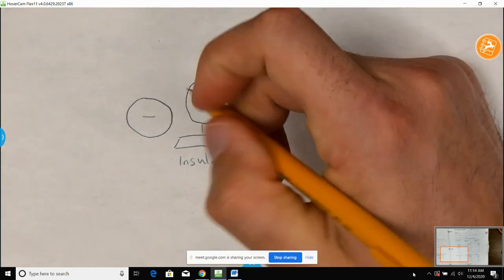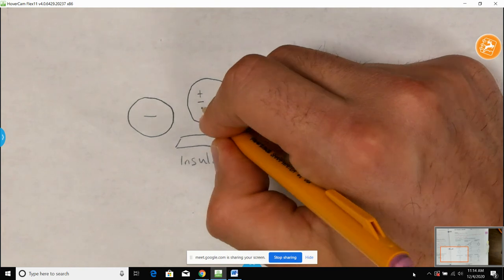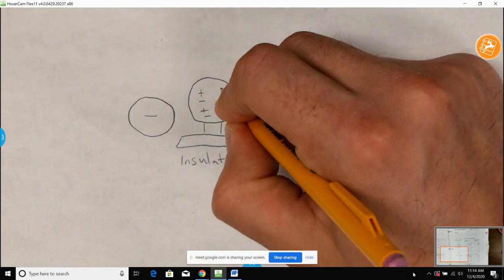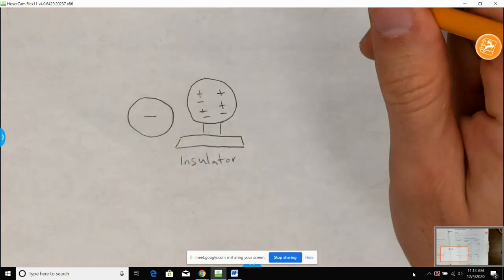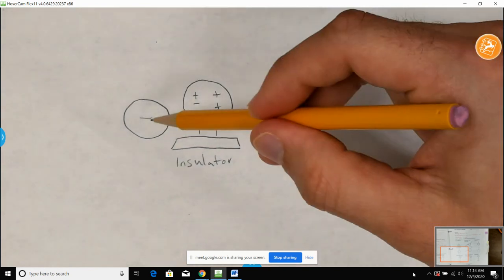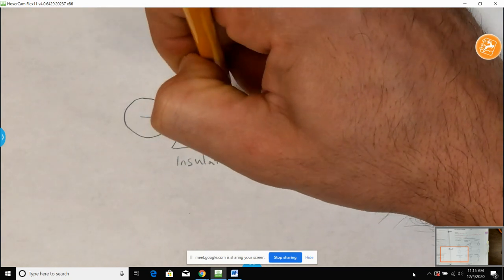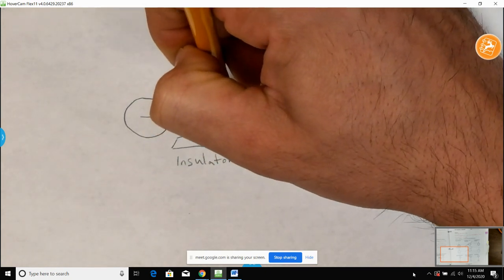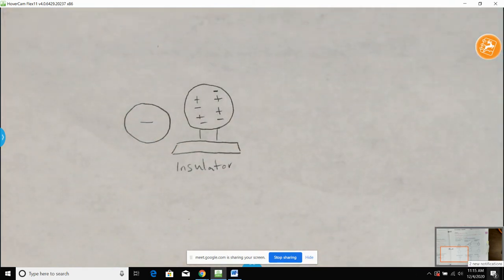So if this thing is neutrally charged, you've got positive, negative, positive, negative, positive, negative, positive, negative: four and four. Now, if a negatively charged object is brought near this but does not touch, what does happen? The electrons are the only ones that can move.